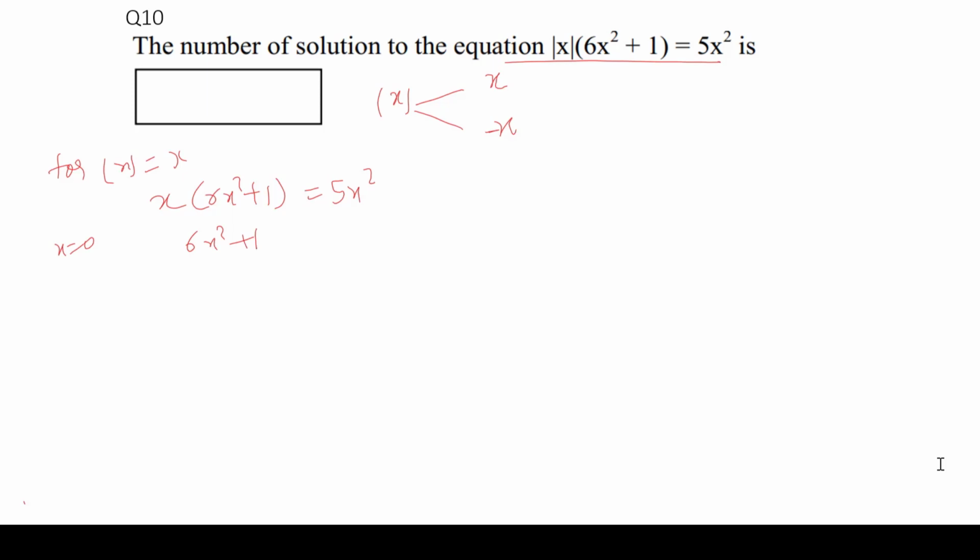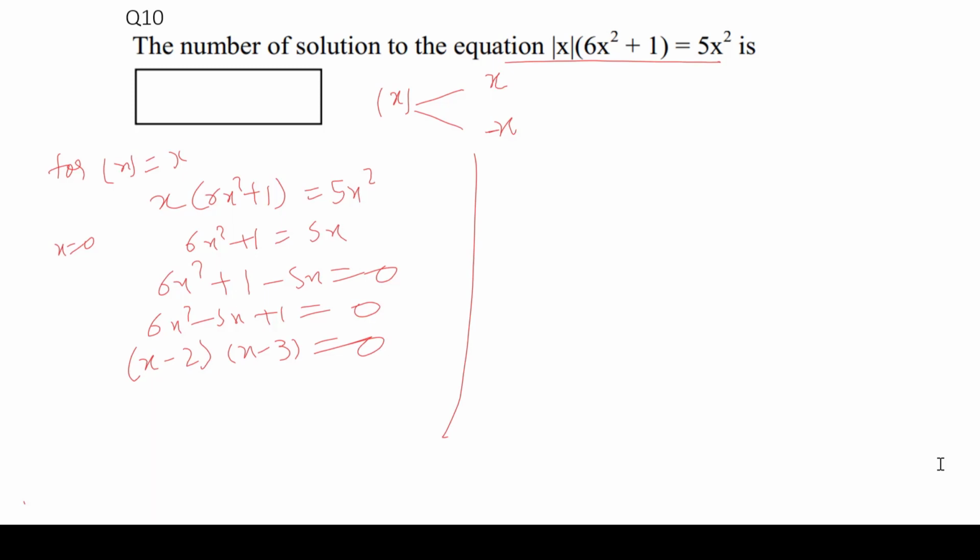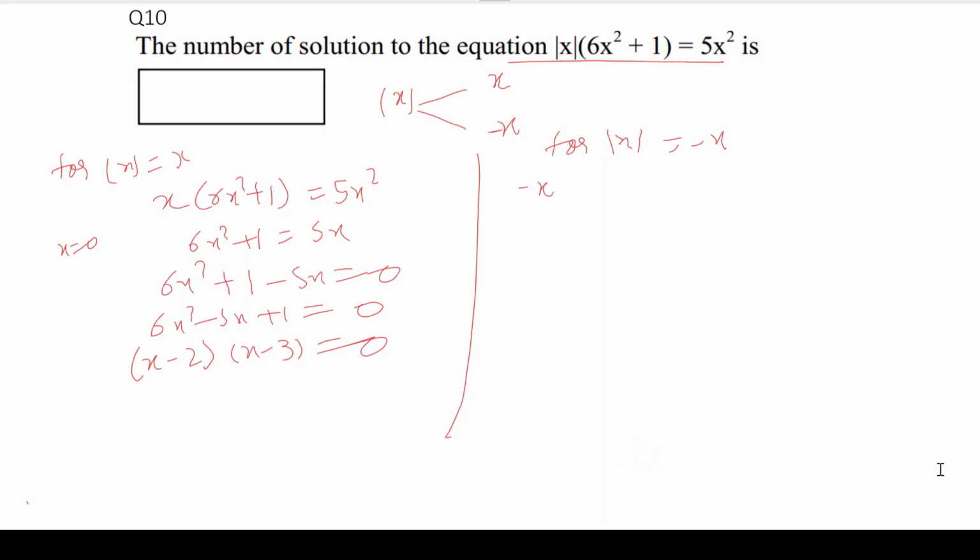Then 6x square plus 1 equals 5x, so 6x square minus 5x plus 1 equals 0. The solution will be x minus 1/2, x minus 1/3. So this equation will have two solutions. And for mod x equals negative x, the equation will be minus x times 6x square plus 1 equals 5x square.